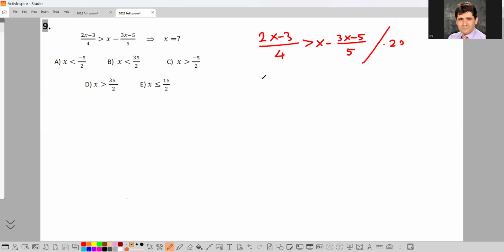So what do we get? We get (2x - 3)/4, all this times 20, is greater than x times 20, which is (3x - 5)/5, all this times 20.